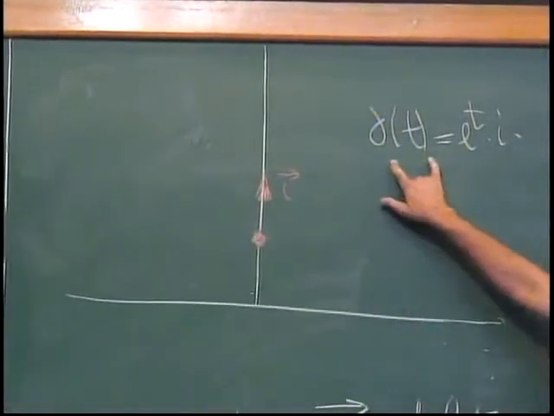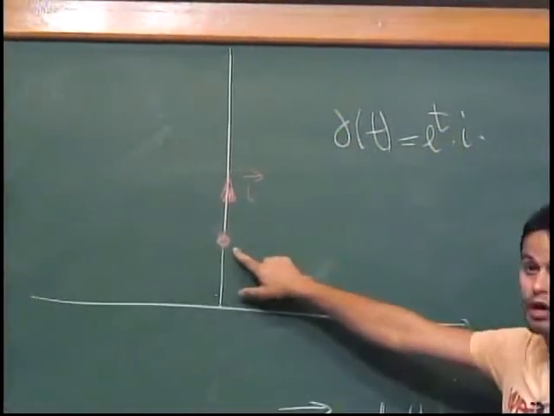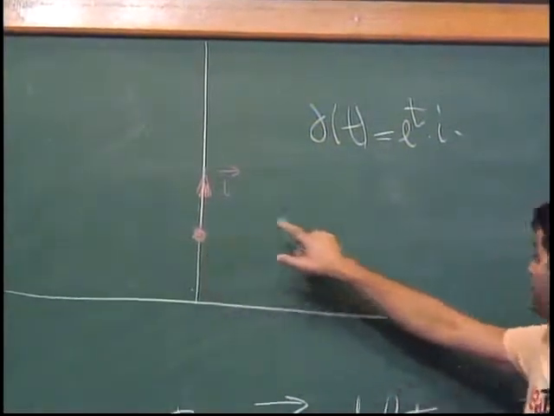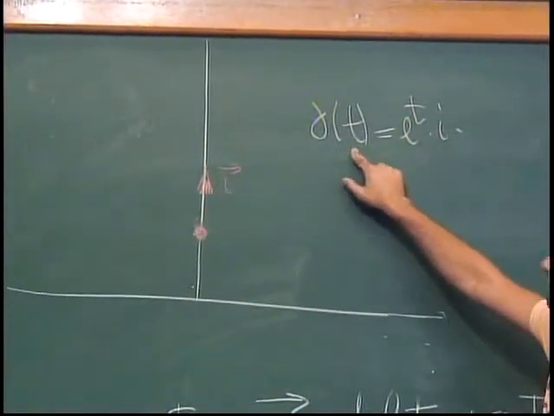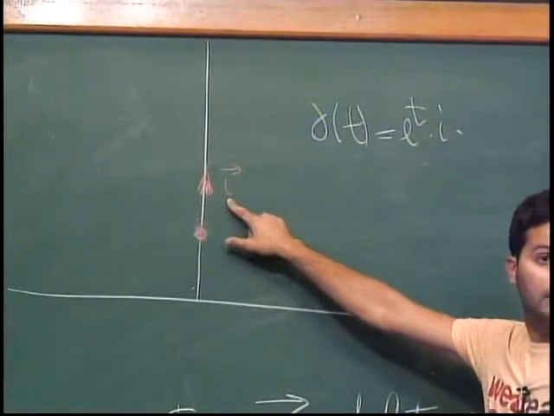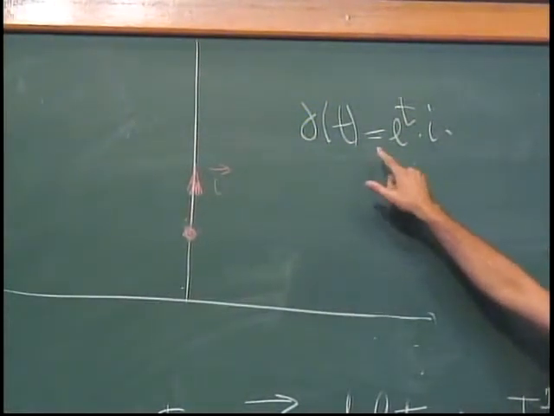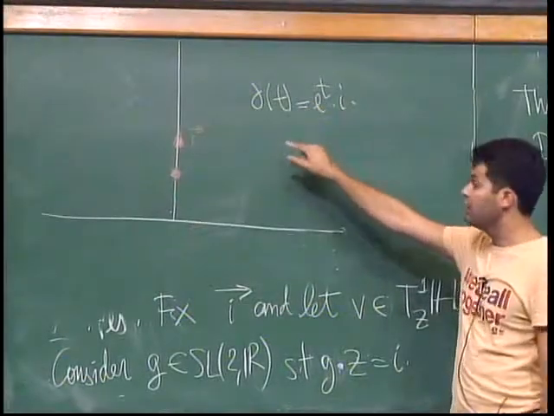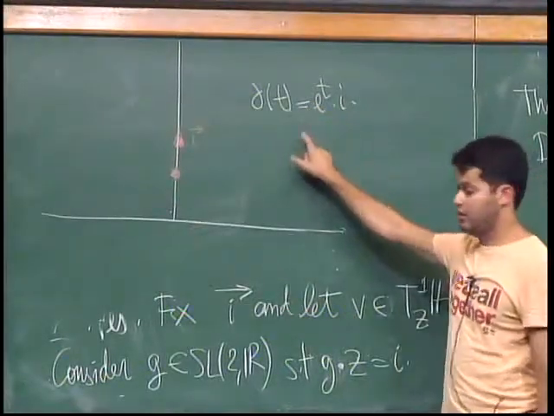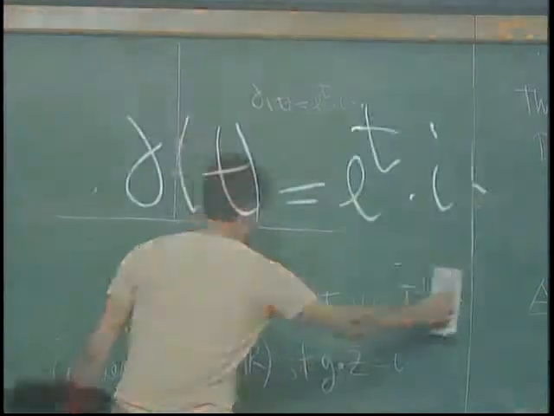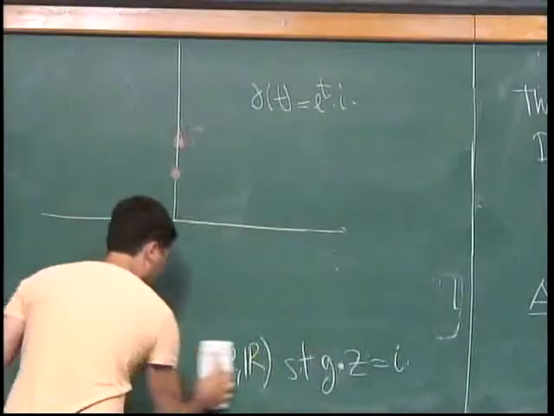This is a curve which at time 0 passes through I. The speed vector at 0 is the vector I, and it's parameterized by arc length. If you consider the derivative and you apply the inner product that I defined in the beginning, it's going to give you 1. Okay?